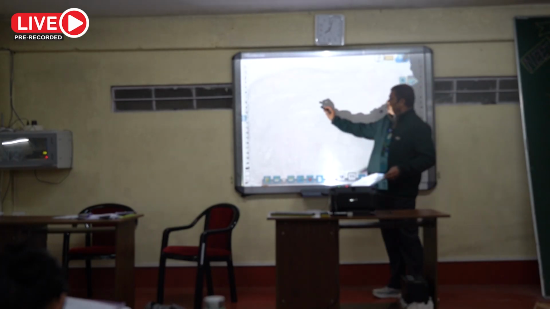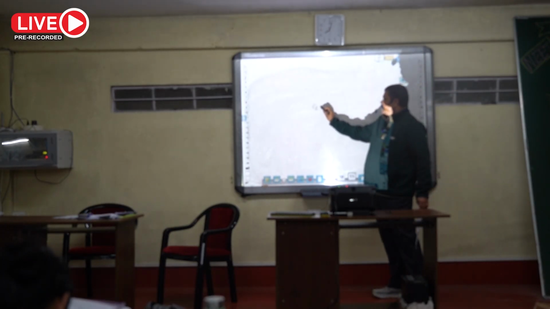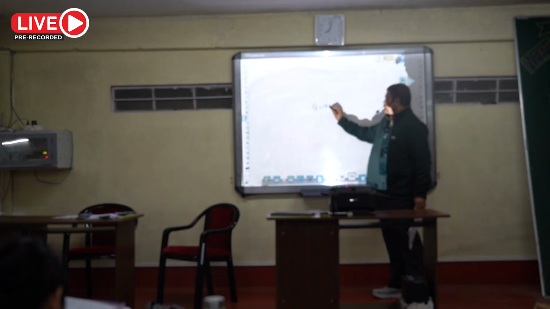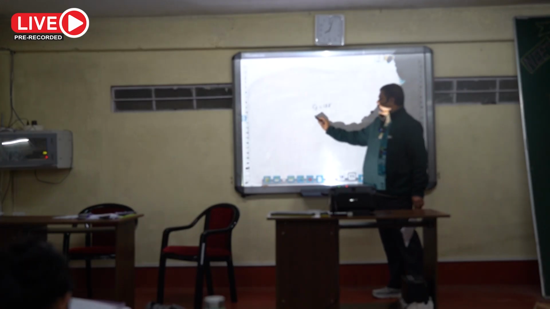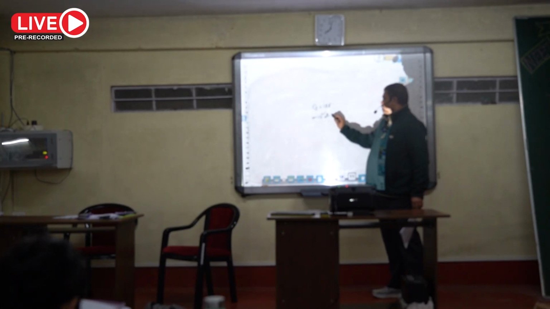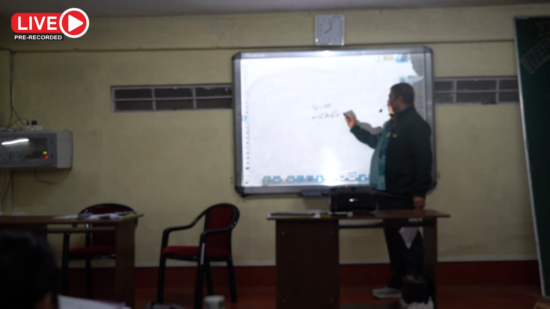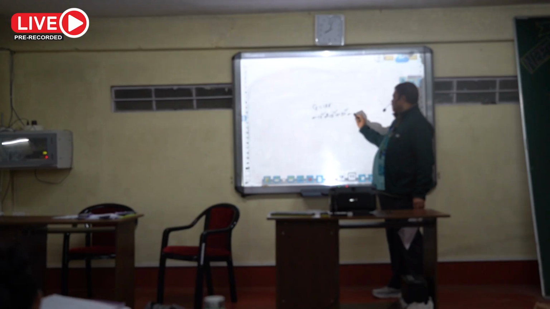Okay, carbon 12. C2 molecule with 12 electrons. If you fill sigma 1s2, sigma star 1s2, sigma 2s2, sigma star 2s2.